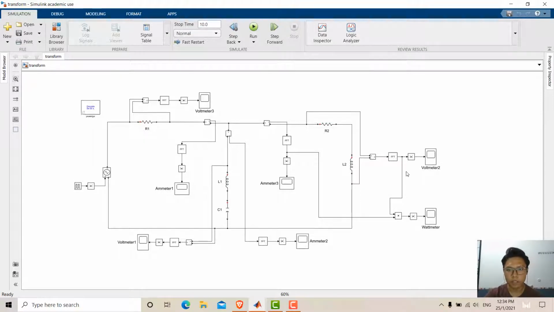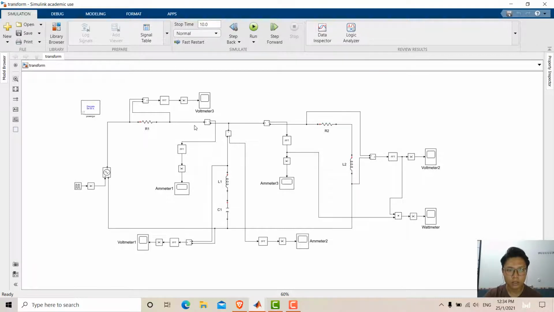Okay, then after finishing the voltage, we must find the branch currents. So this is the I total, this is I1, this is I2. So for KCL, I total is equal to I1 plus I2. So here is the ammeter. To connect the ammeter, we must connect it in series with the circuit.